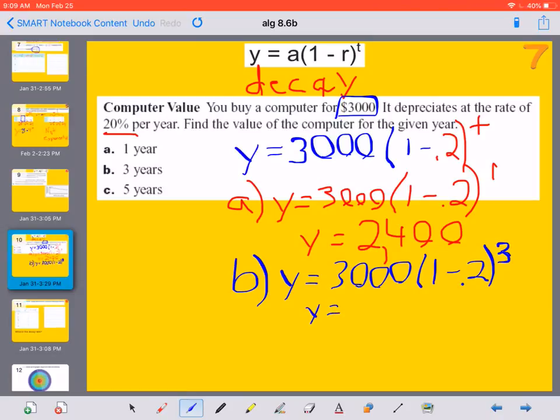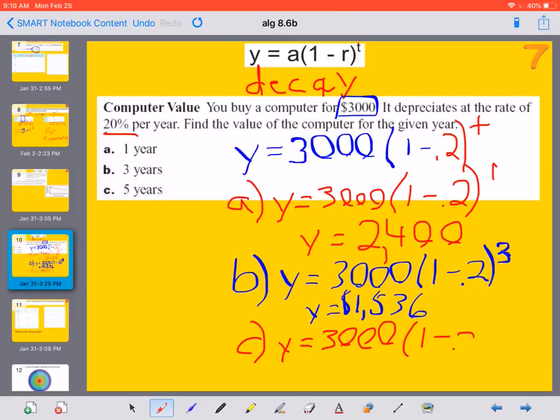Y equals 1,536. So after 3 years, it's worth $1,536.